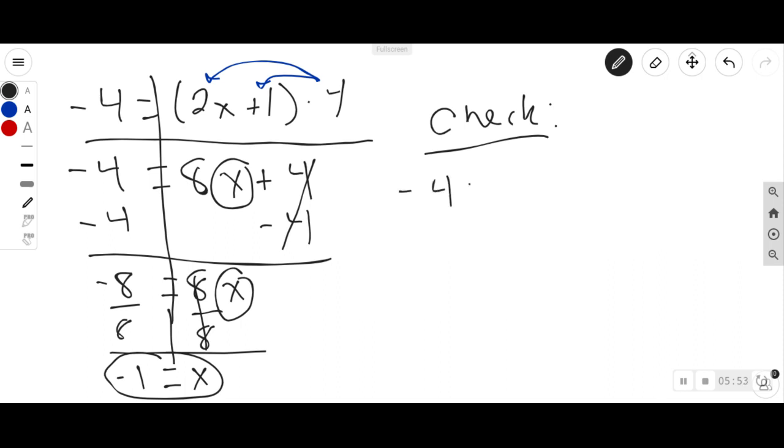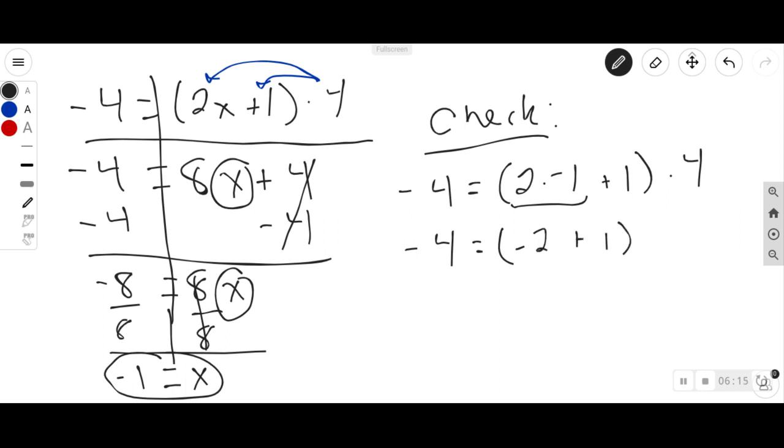So negative 4 equals, parentheses, 2 times negative 1 plus 1, parentheses, times 4. Again, don't distribute. We're going to deal with that first. We're going to follow PEMDAS. Negative 2 times negative 1 is negative 2 plus 1 times 4.